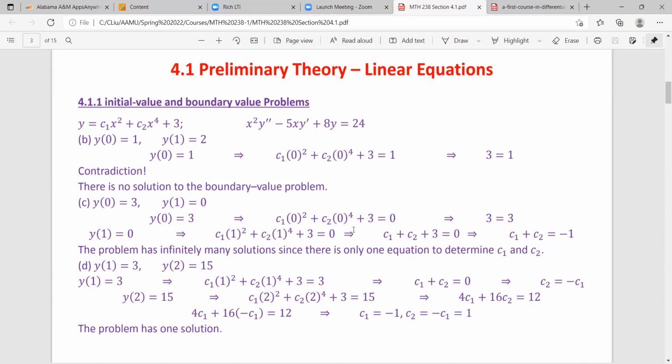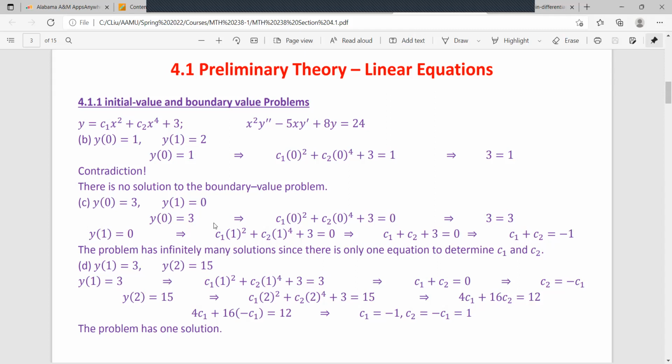So the solution to this problem is not unique, right? Since you have two variables, C1 and C2, to determine, but you only have one equation to satisfy, right? So that's a different situation where the boundary value problem has infinitely many solutions.